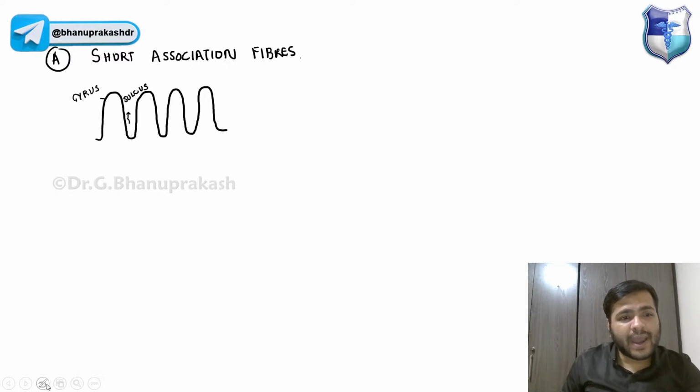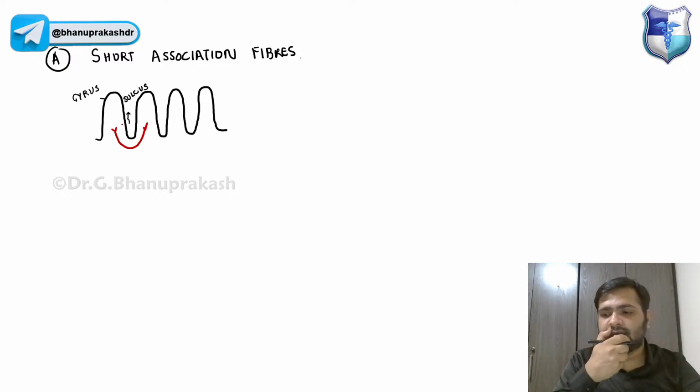Now we have these white matter bundles, guys. I'm just trying to draw them like this over here. These white matter bundles are connecting the neighboring gyri. We have this gyrus, this sulcus, this gyrus, sulcus, gyrus. So this red color which I have drawn is connecting the neighboring gyri together.